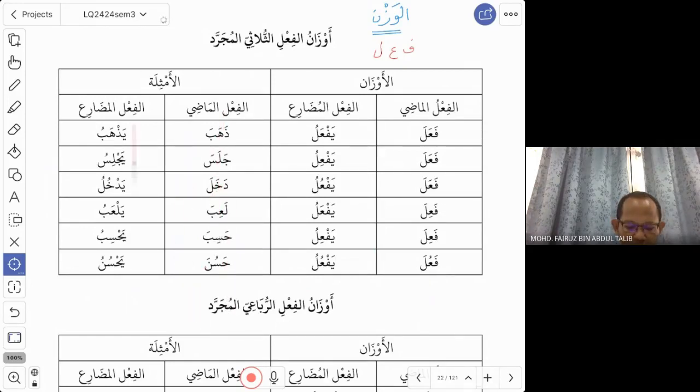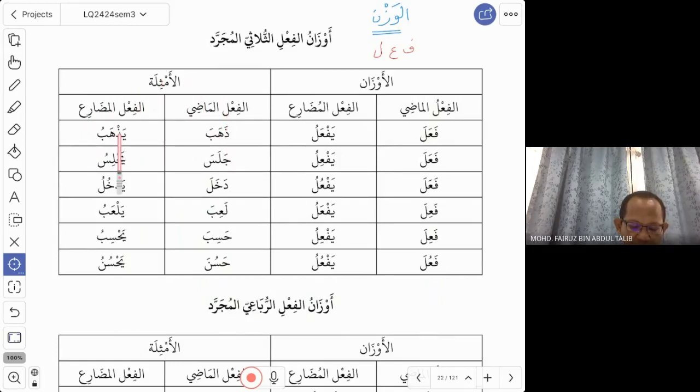When you have fi'il mudari, as I mentioned earlier, it is a bit difficult for you to identify whether you have an additional letter or not, because you have this ya in the beginning. To confirm whether it is fi'il mazid or mujarrad, you need to change it to fi'il madi.